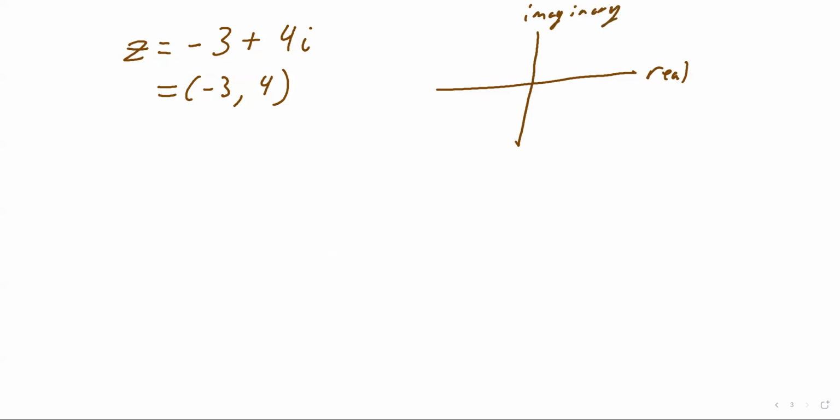And then when we graph this, how would you graph -3, 4? Left from the origin. Up 4, very good. So I'm going to go from the origin, I'll go left 3 and then up 4, very good. And then this is where my coordinate would be, and I'd be done, yes? I would label it and I would say this is my z. I've accomplished what you wanted me to do.